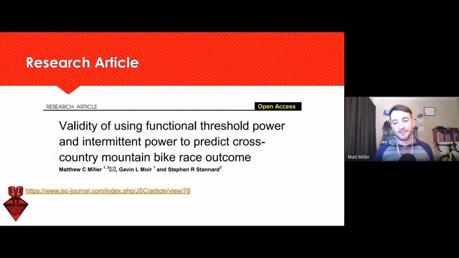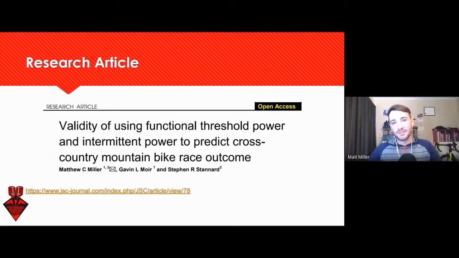So if we try and predict how fast someone goes around a mountain bike track, because it's so off and on, this intermittent power test is going to predict time way better. And it turned out, unfortunately, it was only a little bit better at predicting how fast the mountain bikers would go. The reason for that is that this aerobic level of fitness is so important even for intermittent sports.